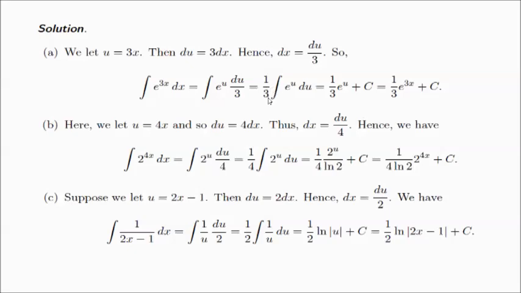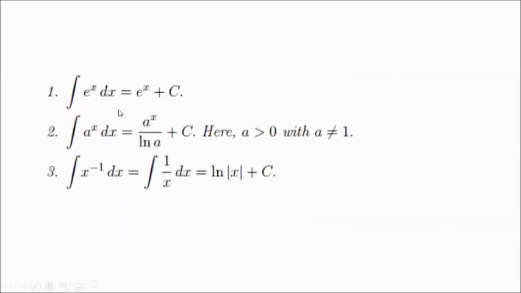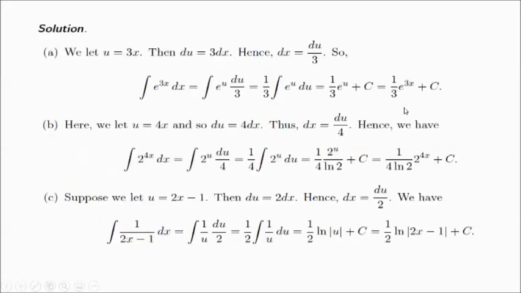So 1/3 yung constant, so i-factor out. Magiging e raised to u du. And then from the formula, e raised to x. Di ba? Kapag lumitaw na to, you can just put e raised to u. And since merong constant ito, so you have to include 1/3.